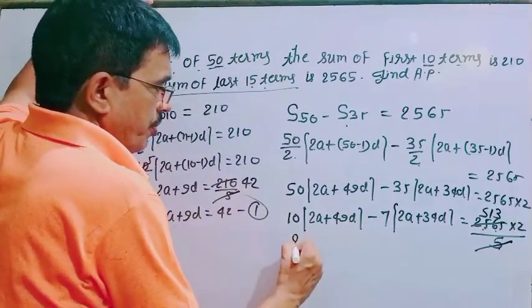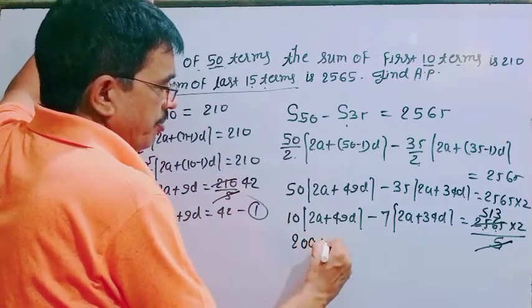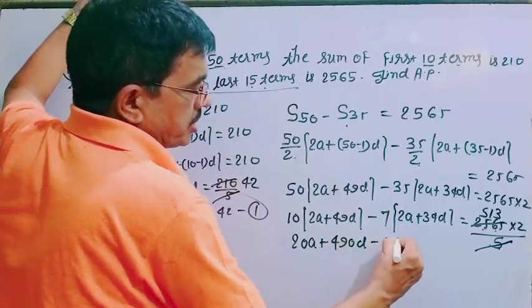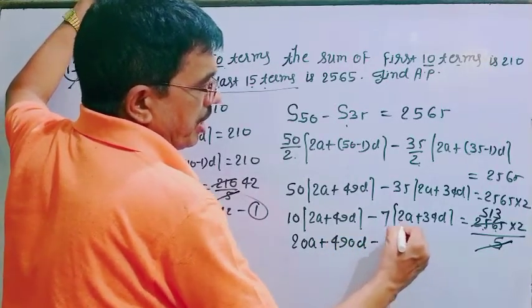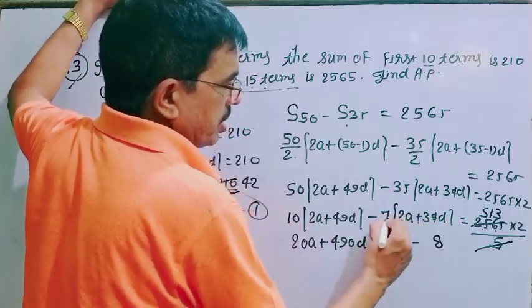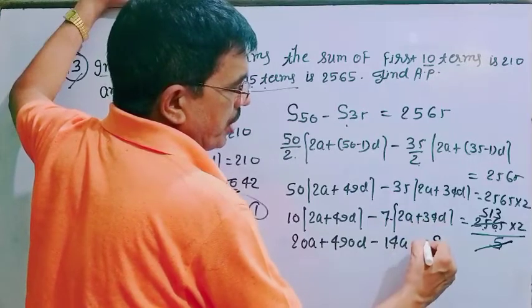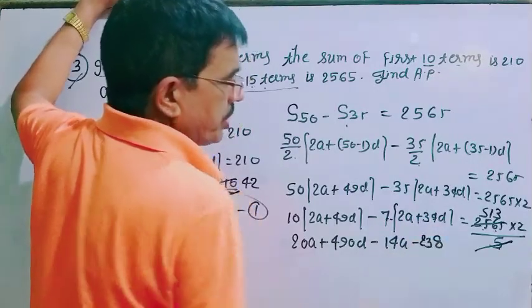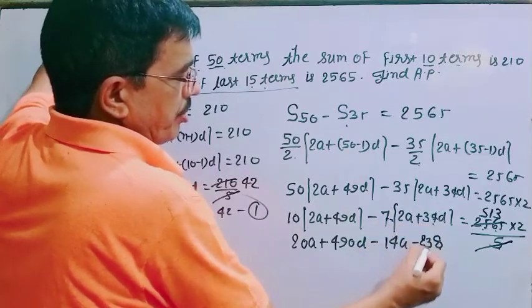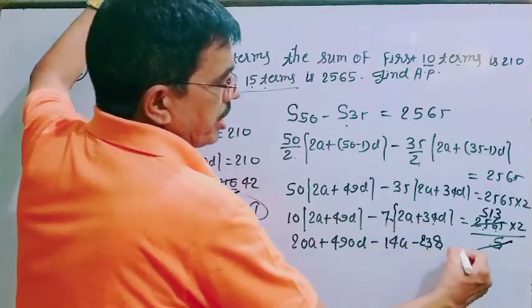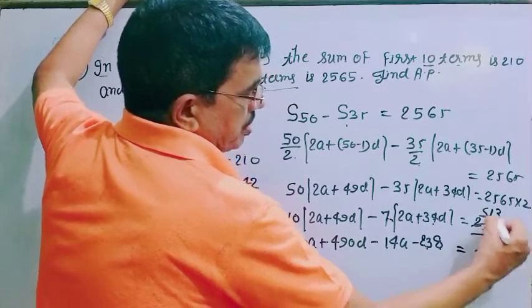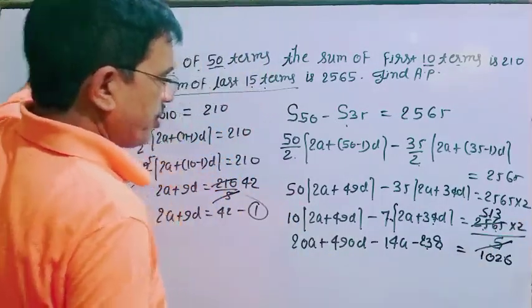Here is now 20a plus 490d minus 14a and minus 7 times 4 is 28 and 7 times 34 is 238, is equal to 1026. Multiply, then you get 1026.